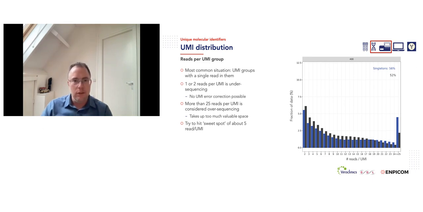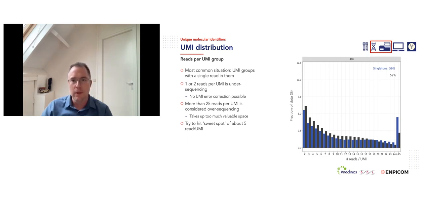The reason for that is that 5 allows you to create a good consensus sequence based on your UMI groups. If you have very few, say 1 or 2, it's very difficult to create a consensus sequence because you have very little information. On the other hand, if you have too many, it's sort of a waste of sequencing space. So that's why we try to aim for what we call the sweet spot of about 5 reads per UMI.